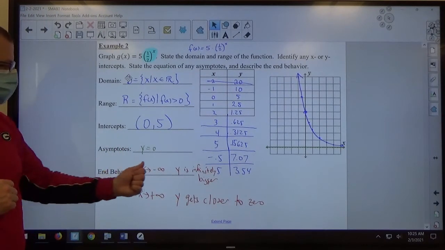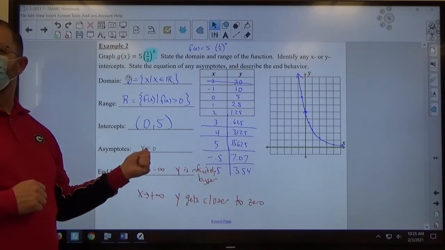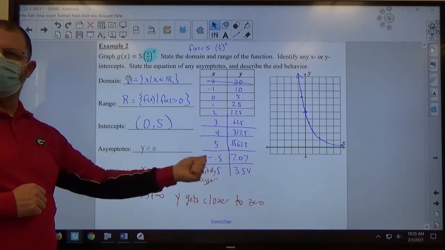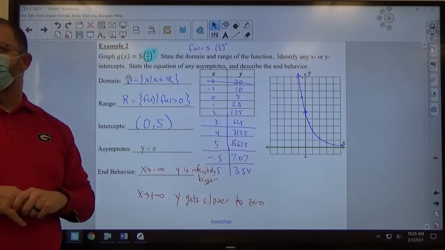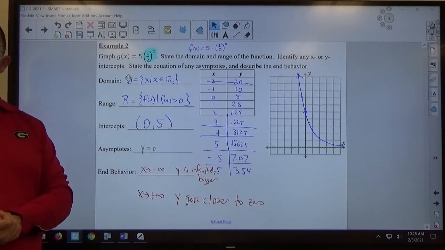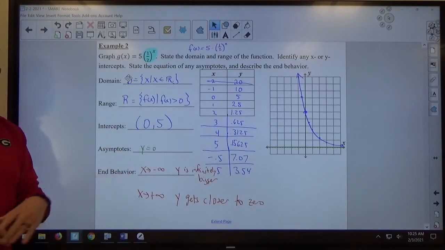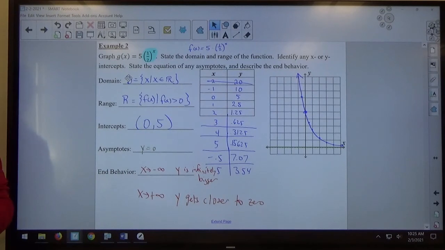The other one's always getting closer to whatever the asymptote value is. If the asymptote is y equals 0, it gets closer to 0. If the asymptote happens at y equals 6, it's going to get closer to 6. Whatever that value is, that's what it's going to get close to. So end behavior is pretty straightforward once the graph is drawn.